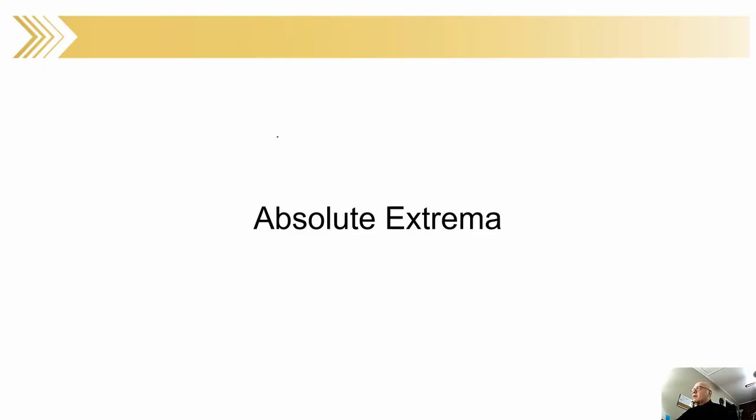Absolute extrema. Now we were talking about relative extrema, which are inside a particular interval, and I talked about why we're talking about intervals instead of everything under the sun.